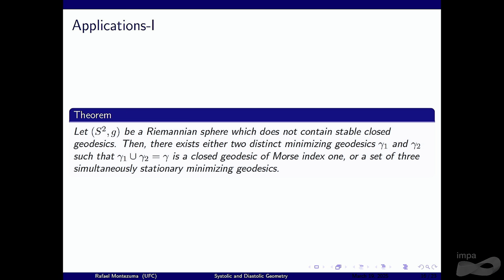Then we show that only 2 things can happen. Either this width that we consider is realized by half of the length of a closed geodesic, which is made of 2 minimizing geodesics, or you have a set of 3 simultaneously stationary minimizing geodesics. So what I'm saying is that under this extra assumption, you can rule out the cases of 4 and 5 simultaneously stationary minimizing geodesics. Okay.